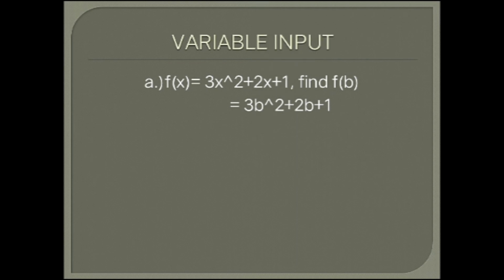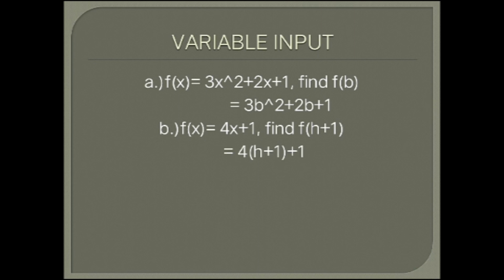For the second given, f of x equals 4x plus 1. Find f of h plus 1. As we did earlier, replace all the x's with h plus 1. So we will have f of h plus 1 equals 4 multiplied by quantity of h plus 1, plus 1.